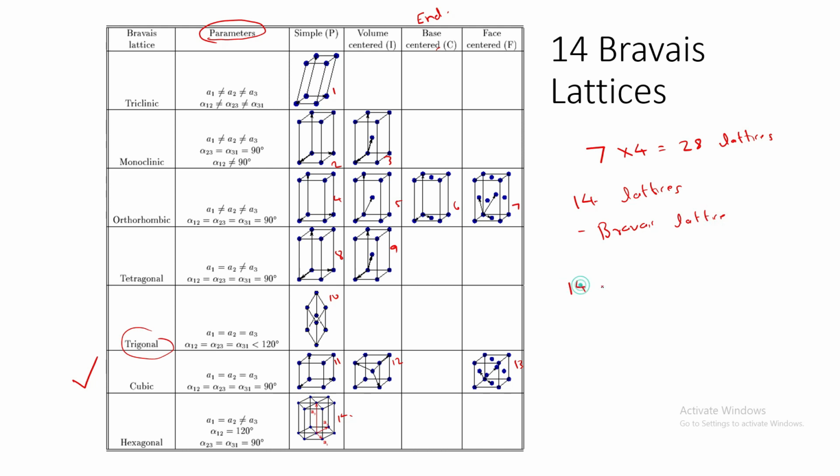That is, 14 lattices are missing. This is due to the lack of symmetry, which is outside the scope of this course. I'm not explaining why these 14 lattices are missing, we are just writing this as a statement. There are only 14 Bravais lattices, as shown in this picture.